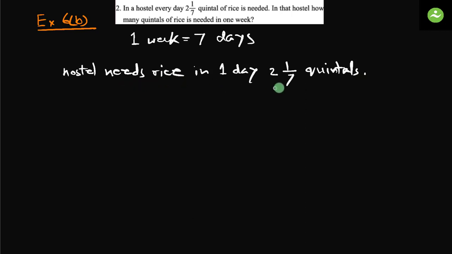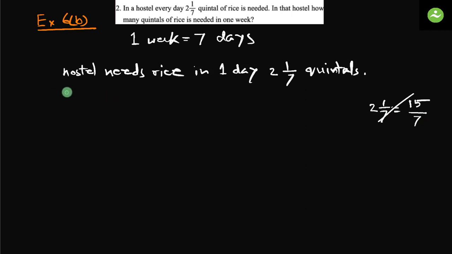Now we have to convert it to an improper fraction. 2 and 1/7 means 2 into 7 plus 1, which means 15, and 7. 15 over 7.